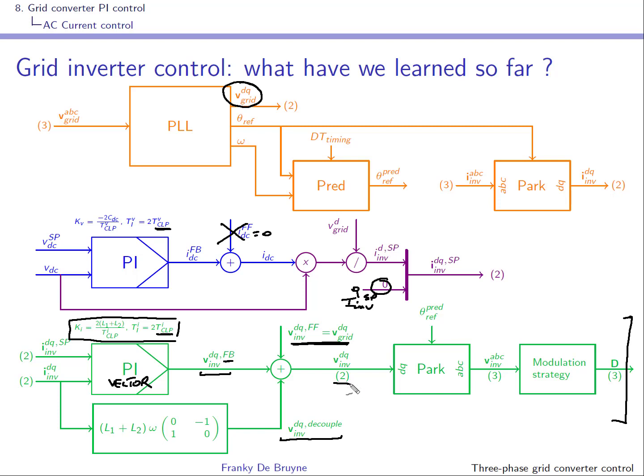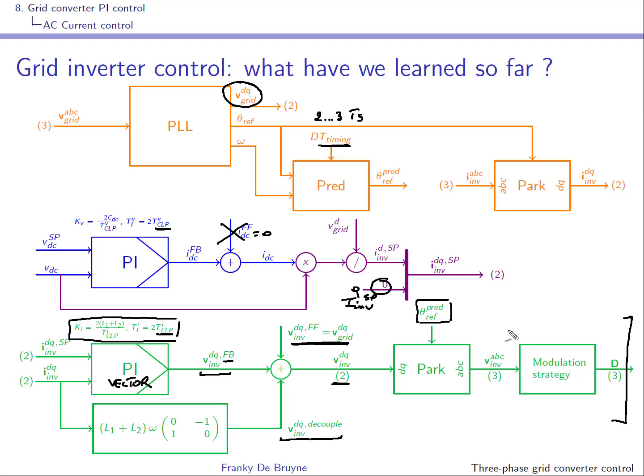These three terms, feed forward, feedback and decoupling, give you the voltage for the inverter, but it's still in DQ format. Then you need to do the inverse Park transformation, going from DQ to ABC. And remember that we're going to use our extrapolation of the reference angle, taking into account that there is a delay in the system, and this delay was approximately 2 or 3 times Ts.